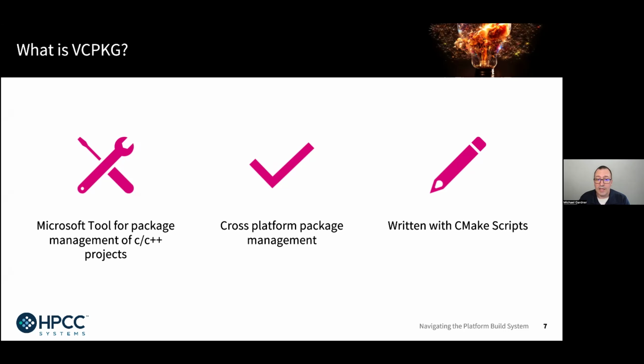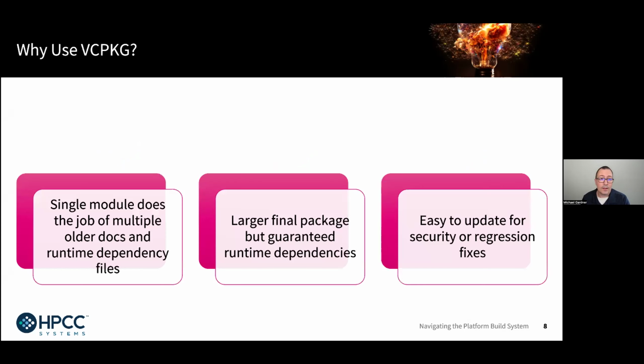So having a submodule like vcpkg to do the dependency handling for third-party libraries for us that's already written in CMake is a huge plus for us because it's already a technology that we're fairly familiar with. Now, some pros as to why to use it.